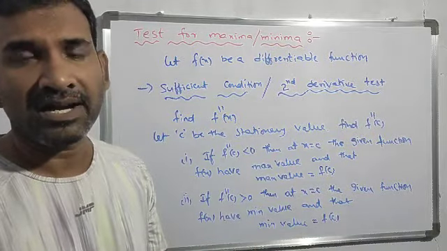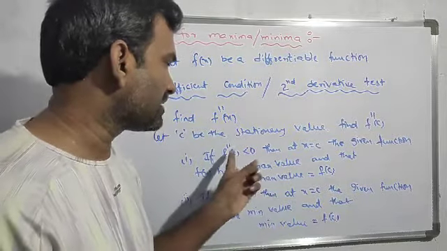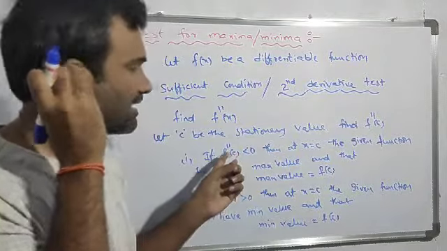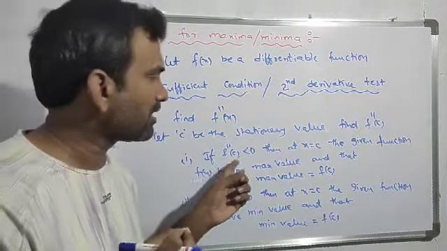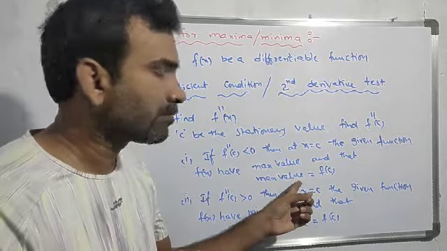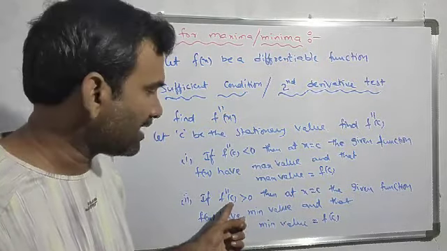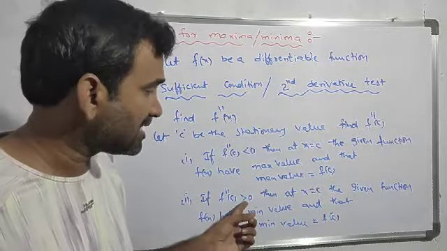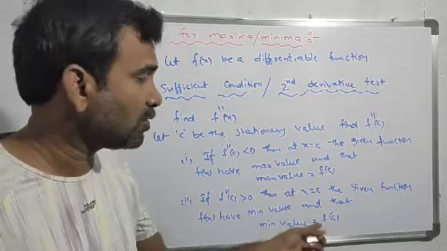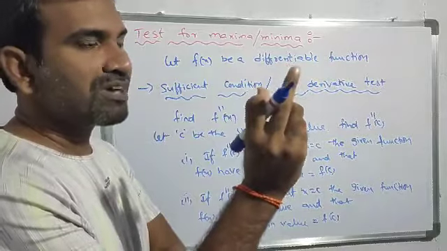Understand? So if you take one value and find the second derivative at that point, if that value is less than 0, it gives the maximum value. If that second derivative value is greater than 0, then at that point it gives the minimum value. What is that minimum value? F of c. Suppose a maximum value is given, what is that point?